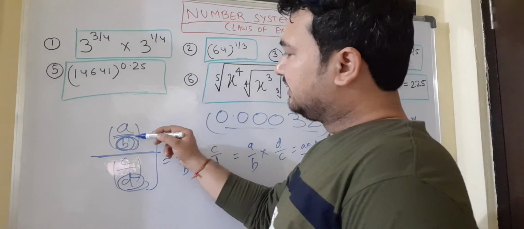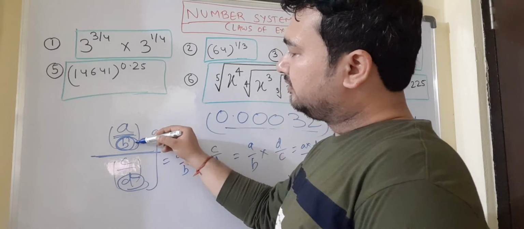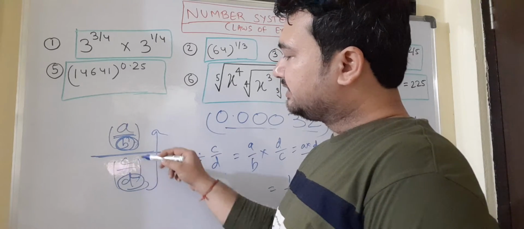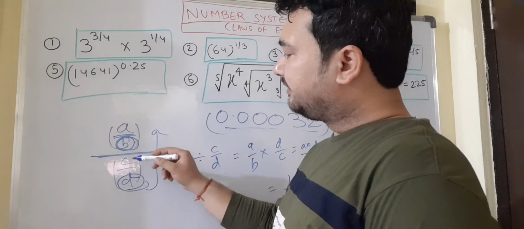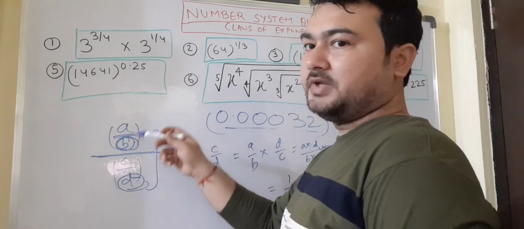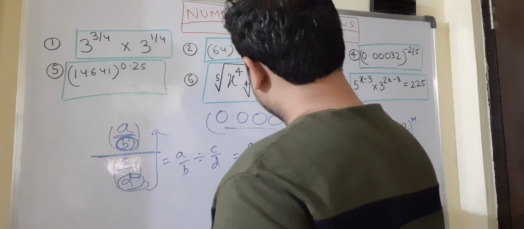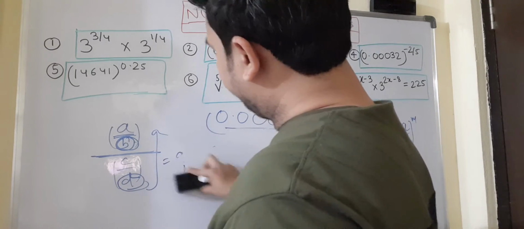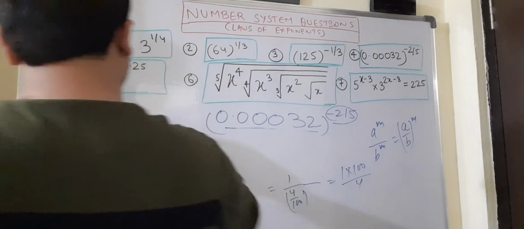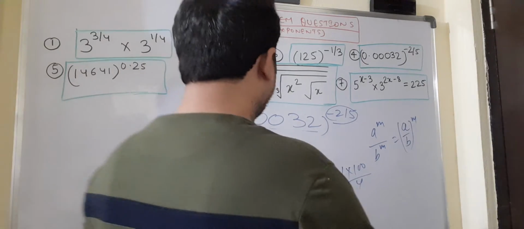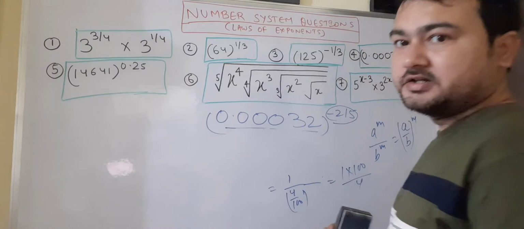So if it is a fraction and something is written down, it will go down, and here it is already in the denominator, that is down position, and something is further down to it, it will come up as a numerator. Hope it is clear to you. If not clear, you can pause this, or rewind the video and again listen and again understand.